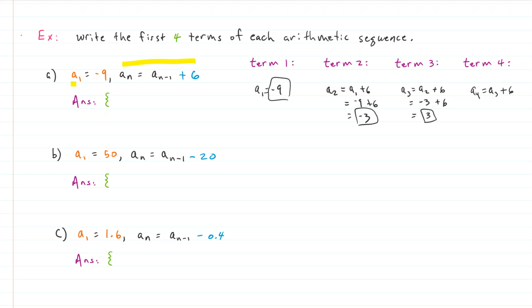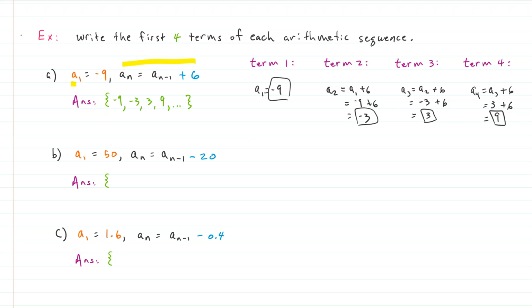A sub 3 was 3, and we add 6, and that gives us 9. So our first 4 terms are -9, -3, +3, and then +9. And they keep going, but we won't find those.